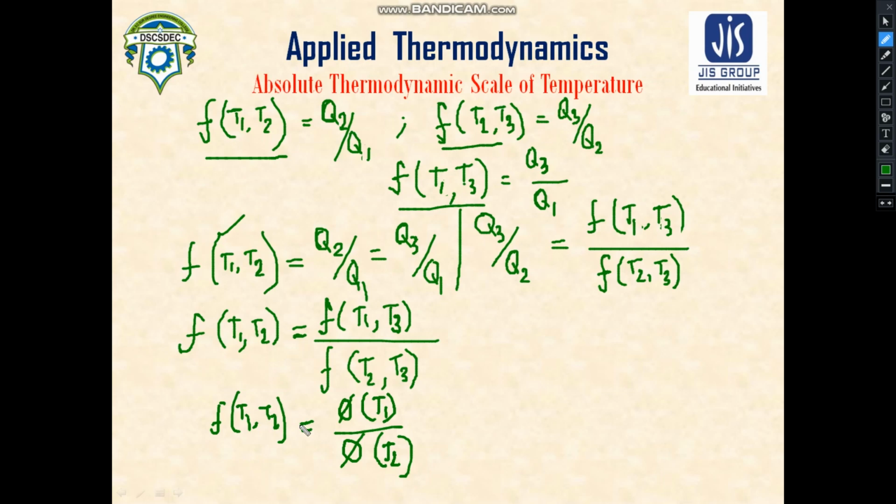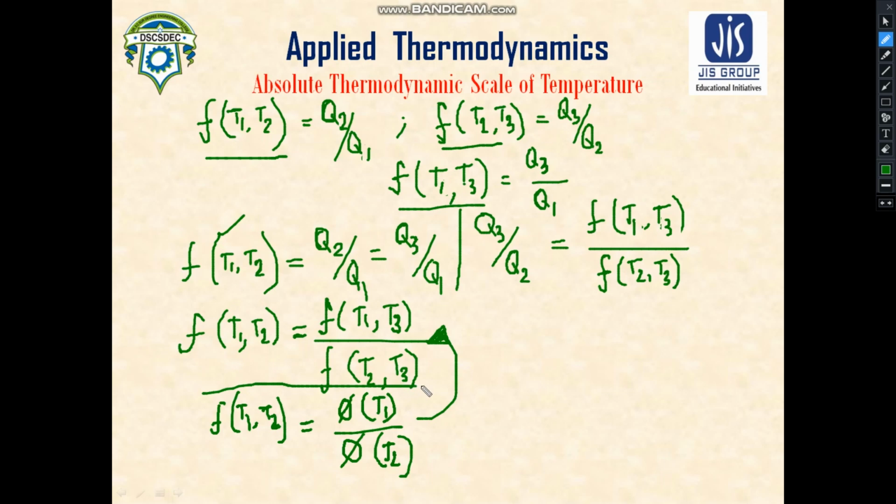If this relationship doesn't hold, then what will happen? This relationship cannot be applied here. Until and unless the relationship between these two temperatures is expressed in this format, this relationship cannot be fruitful.